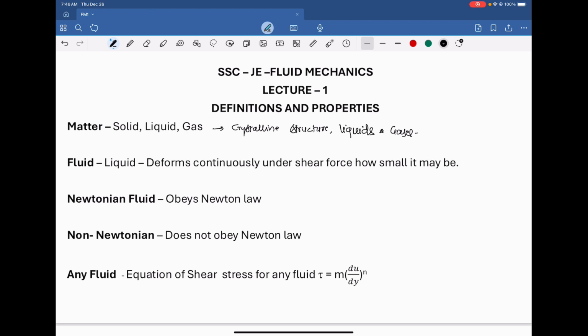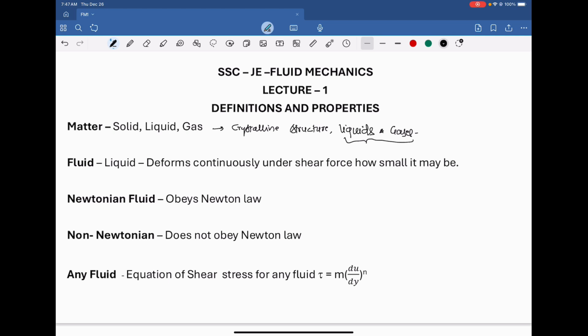That means liquids and gases are affected by the small forces that are applied on them, as the structure is not very compact.